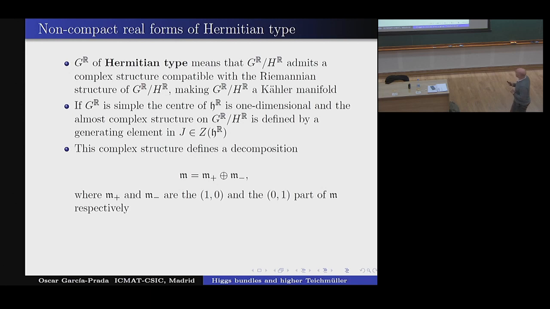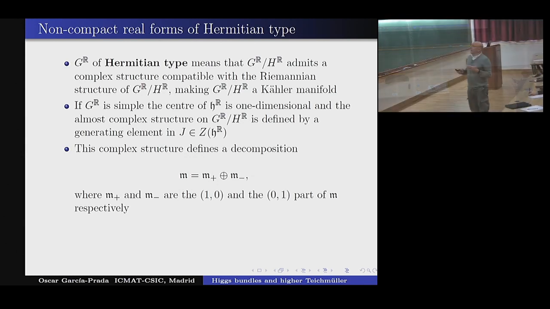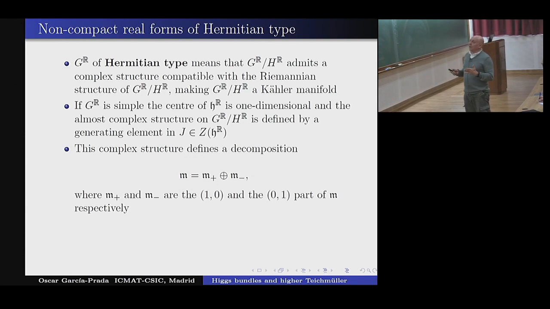In this situation, those groups are characterized by the fact that the Lie algebra of the maximal compact, HR, has a one-dimensional center, so it's really R. This element in the center defines precisely the complex structure that one has here, and that complex structure defines the decomposition of the isotropy representation M into M plus and M minus. This is the 1-0 part of that complex structure, and this is the 0-1 part.